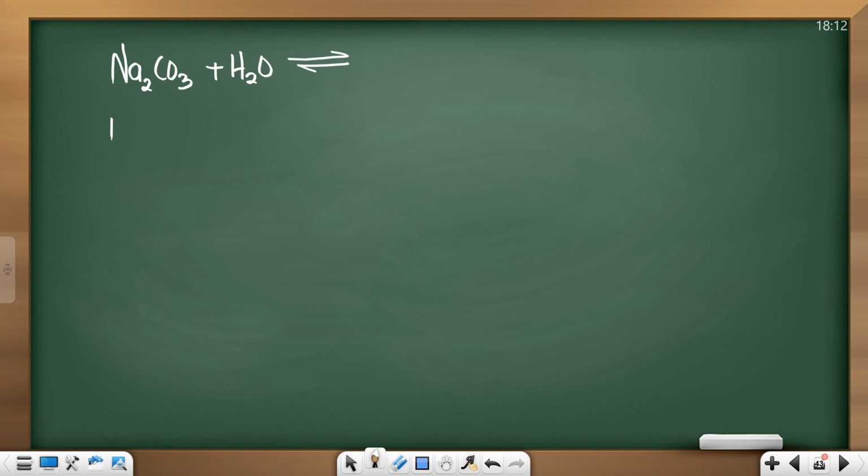Look, the first thing here is to break this down. Na plus, and CO3 2 minus. Now, break water down as well: H plus and OH minus. It has a pH greater than 7, which means it's a base.